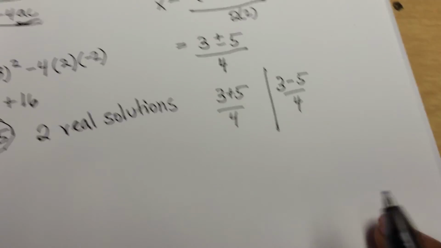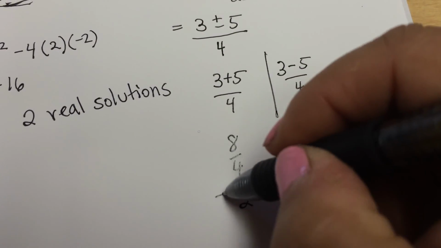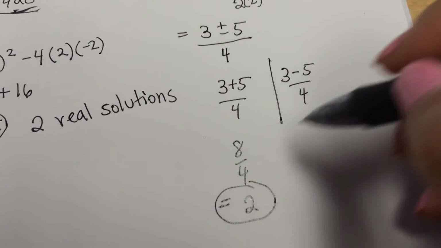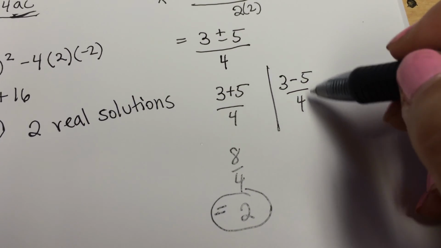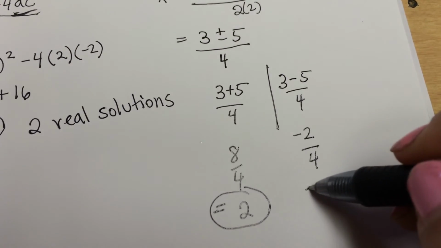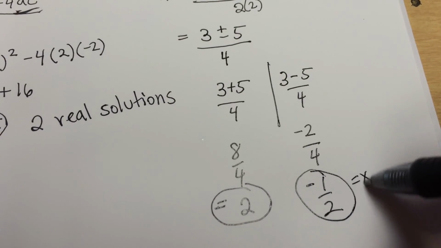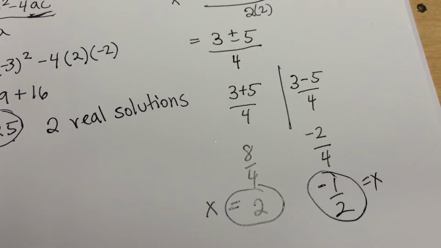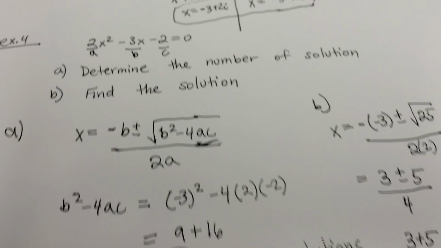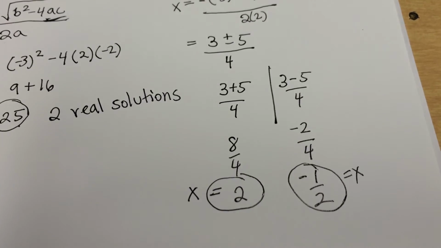So then 3 plus 5 is 8. 8 over 4 gives us 2, so that would be one of your real solutions right there. And this would be 3 minus 5 is negative 2 over 4. Reducing that further, it's going to give us 1/2. So that's the other solution right there. So that's what x is equal to. Those are your 2 solutions, because part B asks us to find the solutions.